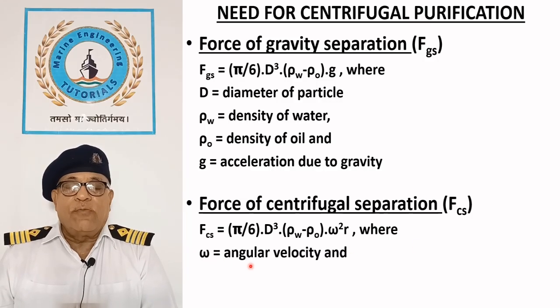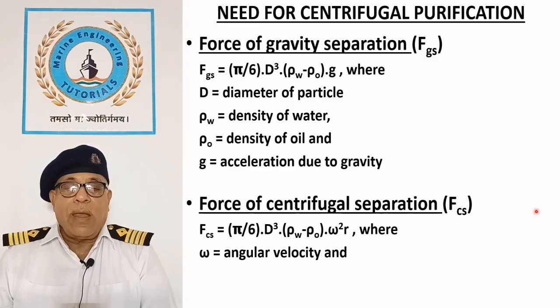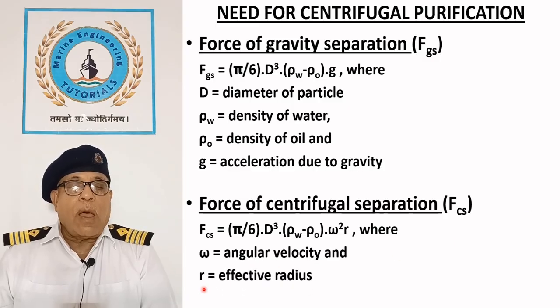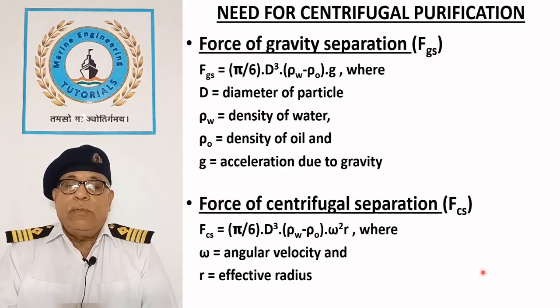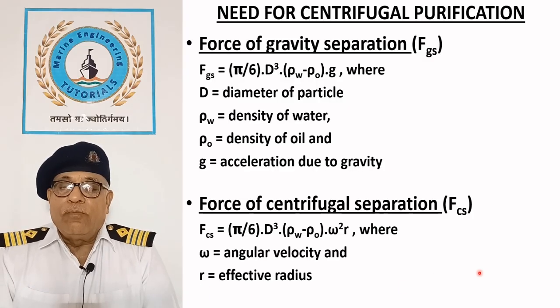ω is the angular velocity and r is the effective radius. Both the angular velocity and effective radius are controllable in a centrifugal separator.